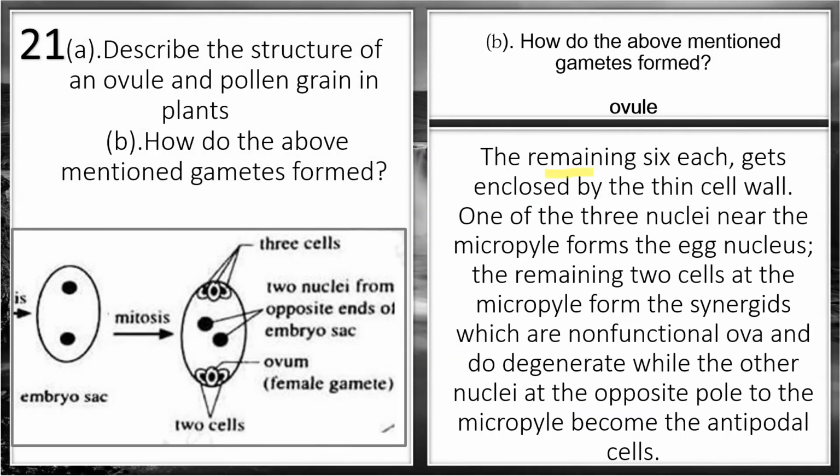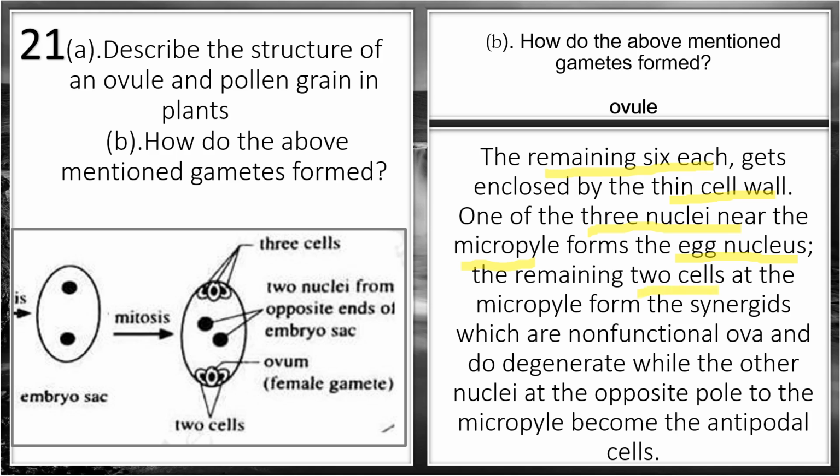The remaining 6 each get enclosed in a thin cell wall. One of the 3 nuclei near the micropyle forms the egg nucleus.